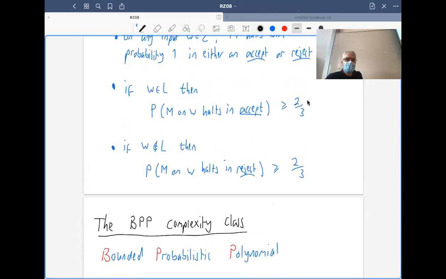Again, you might say 2/3 is not very high, but you can run the algorithm many times and make the error any value you want, although the analysis in this case is a little more complicated, but I'm going to leave that for the exercise class.